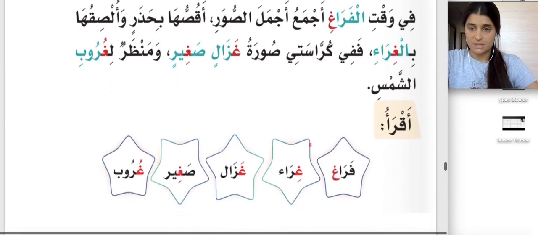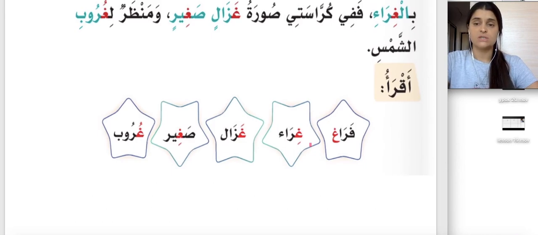And now let's stop this video and try to read these words by yourself. فراغ it means free, غراء glue, غزال deer, صغير small, غروب sunset.